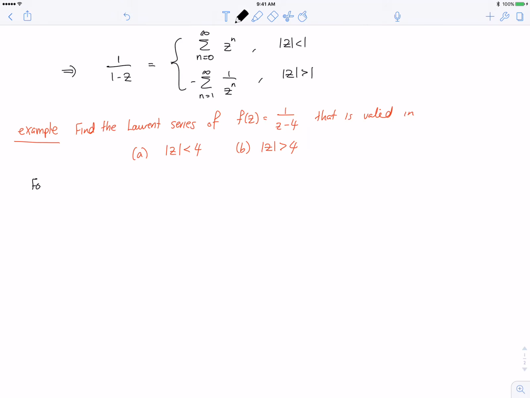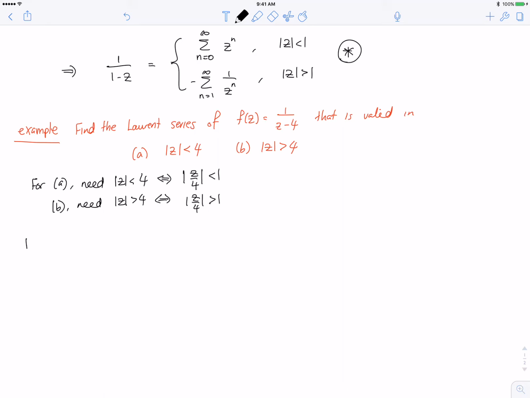Well, for part A, I need the modulus of z to be less than 4, right? This can be equivalently written as the modulus of z on 4 being less than 1. In part B, I need the modulus of z to be greater than 4, or in other words, the modulus of z over 4 to be greater than 1. Why have I written it like this? Because now I can see, if I call the result that I found earlier asterisk, that if I replace z with z on 4 in asterisk, then I can find the Laurent series I want.